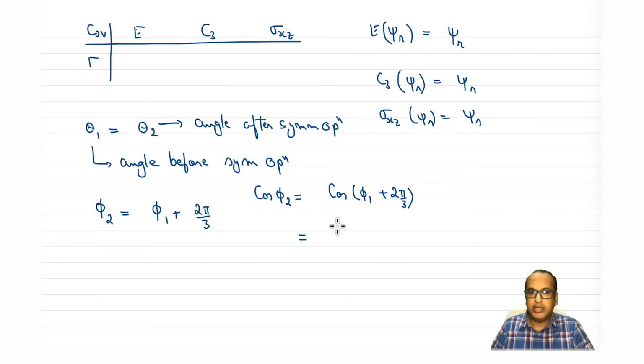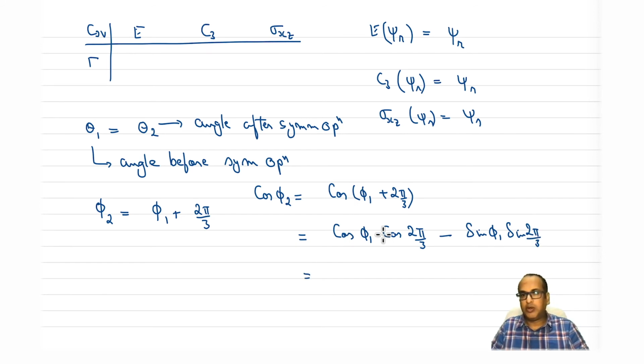We can always write this as cos phi 1 cos 2 pi by 3 minus sin phi 1 sin 2 pi by 3, right? This is cos(a plus b) equals cos a cos b minus sin a sin b. Now what happens to cos 2 pi by 3?